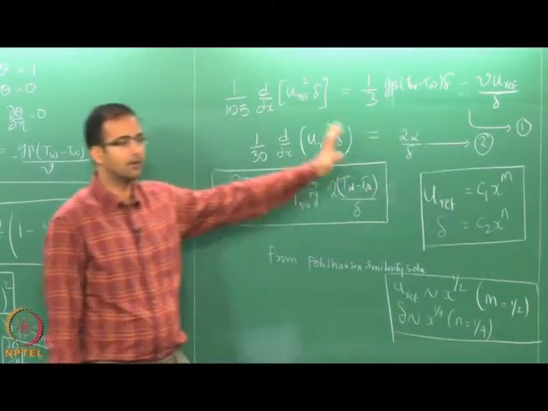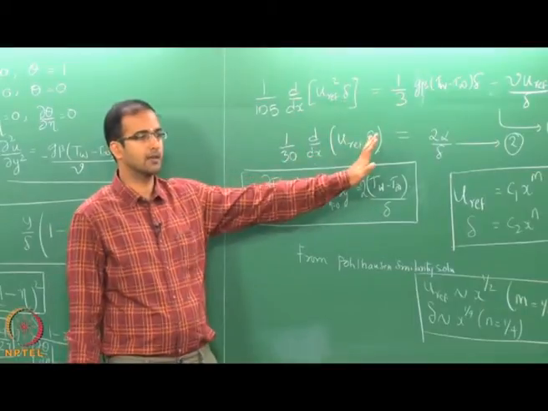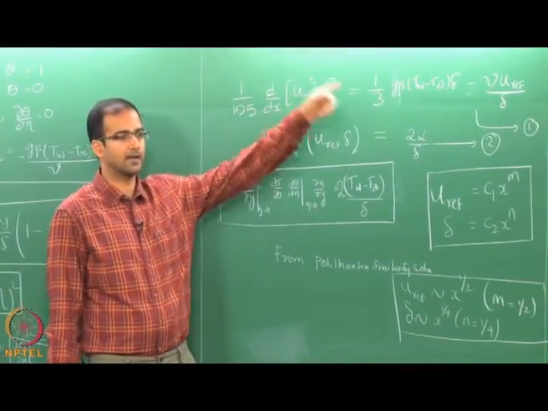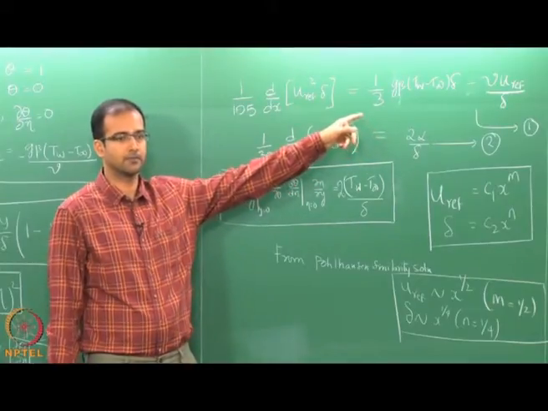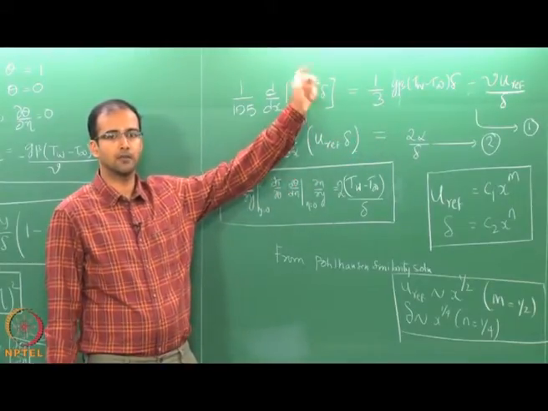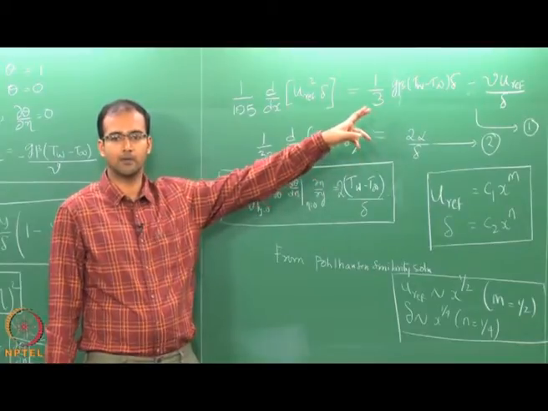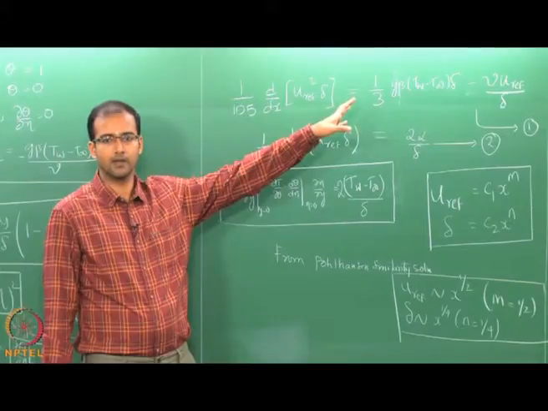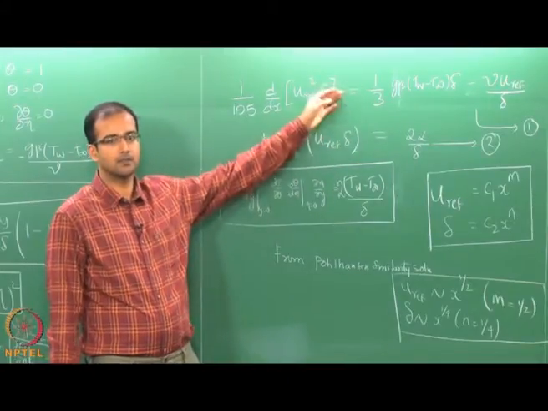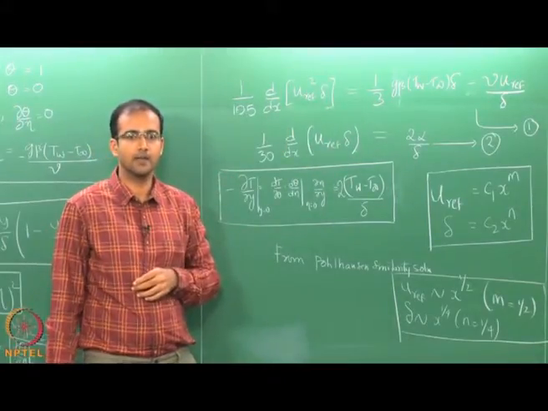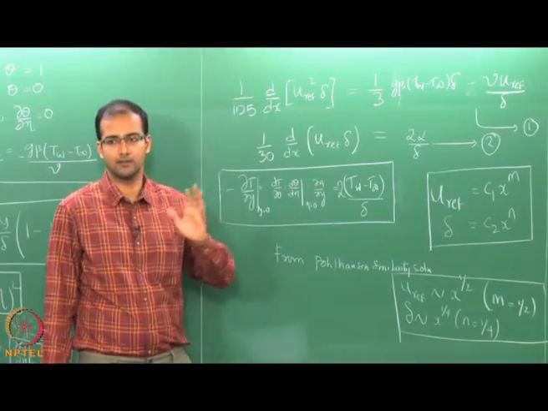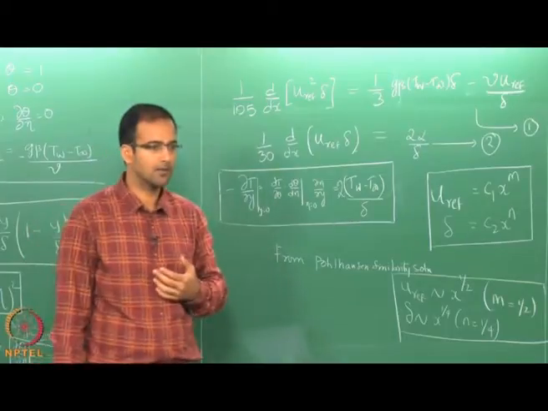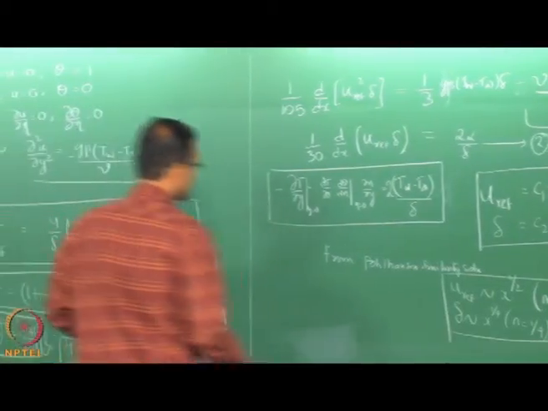To dimensionally satisfy the equation, the order of x on the left hand side and right hand side should be the same. On the left hand side you cannot have x cube and on the right hand side x power 1 by 4, then dimensionally it will not be consistent. So we will substitute this into the equation, equate the exponents on both sides, and deduce the values of m and n.